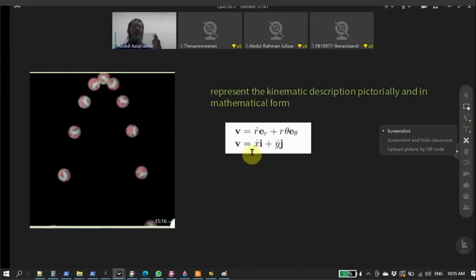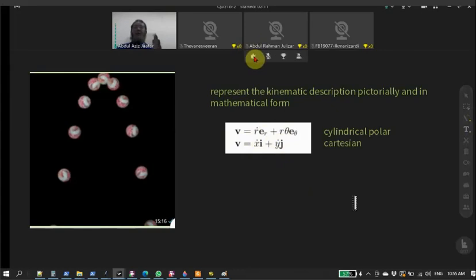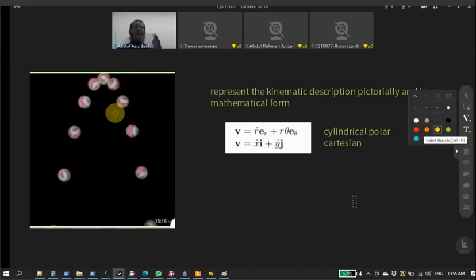And you can also write the kinematic description, the velocity description in the s coordinate system as well as in the normal tangential coordinate system. Okay, now here before I go to the acceleration, this is the way how we can draw the velocity vectors.